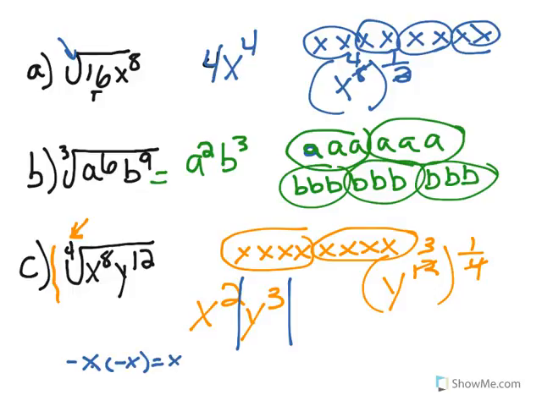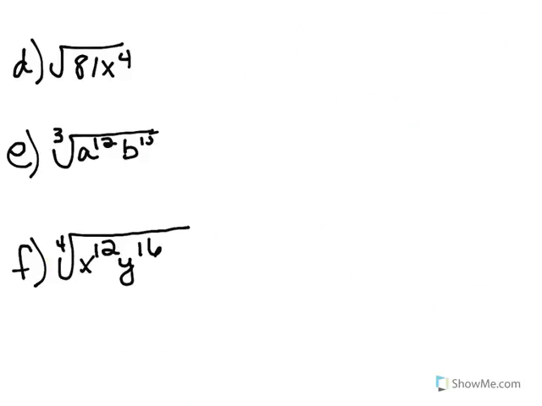But if I have negative y times negative y times negative y, these two will turn positive, but it will turn back into a negative, and that's why I have to use the absolute value. Go ahead and give D, E, and F a try, and we'll come back together and look at the answers.